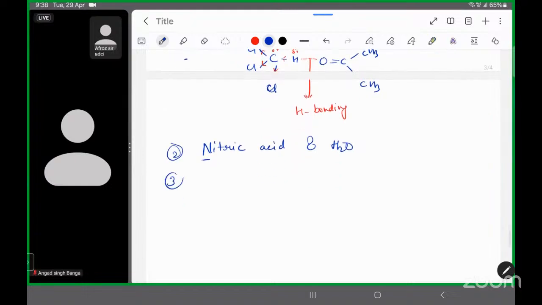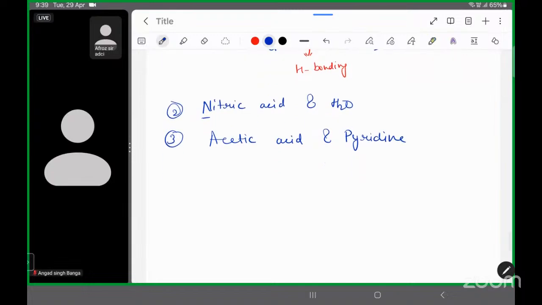The third is acetic acid and pyridine, with strong interaction between pyridine and acetic acid due to hydrogen bonding developed between nitrogen and oxygen of these molecules.